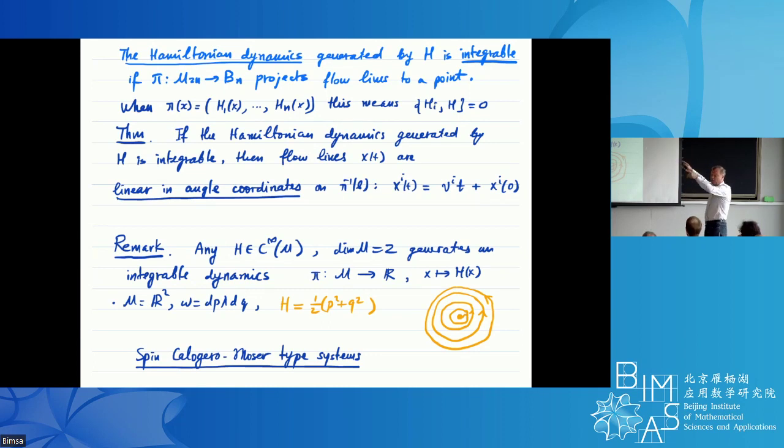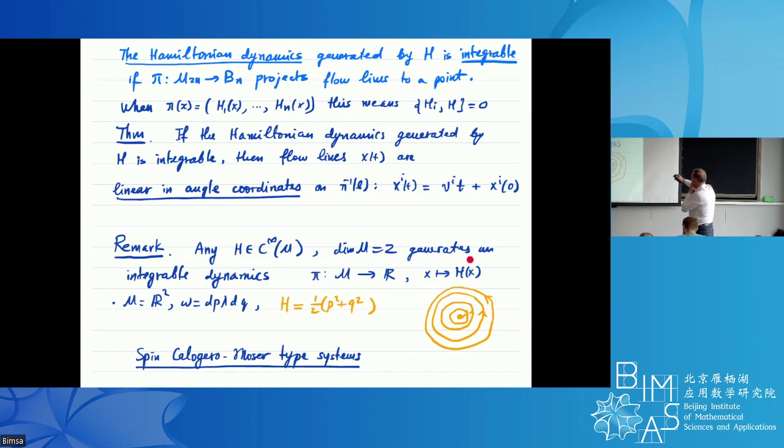In other words, the dynamics goes only fiber-wise. In these local or global coordinates, as in the example I mentioned before, this simply means that the Hamiltonian Poisson commutes with these special functions h_1, ..., h_n.